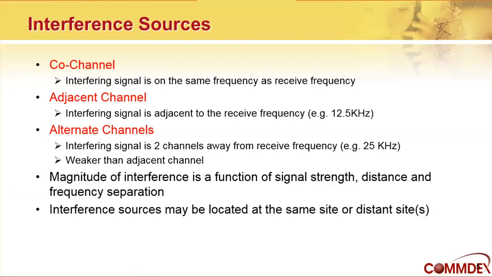That's to keep these adjacent and alternate channels away from those other transmitters. But here, about interference to a receiver. So the magnitude of any interference is really a function of the signal strength, its distance from your receiver, and its separation in frequency. So the co-channel is the worst, really hard to get rid of. Adjacent channel is bad, alternate channel not as bad.